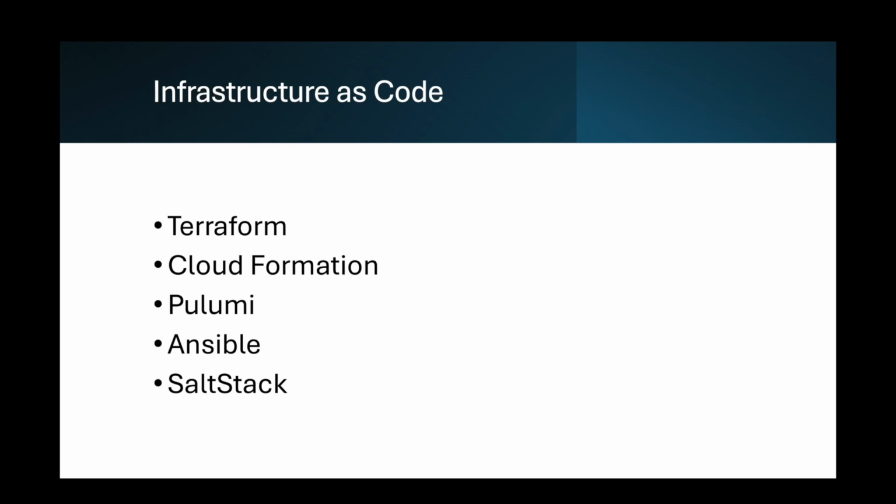Ansible and SaltStack bring additional functional flexibility, combining configuration management with IaC capabilities. Together, these tools empower organizations to efficiently manage and scale their infrastructure, reduce manual errors, and accelerate deployment cycles, all while maintaining a high level of control and visibility over their environments.